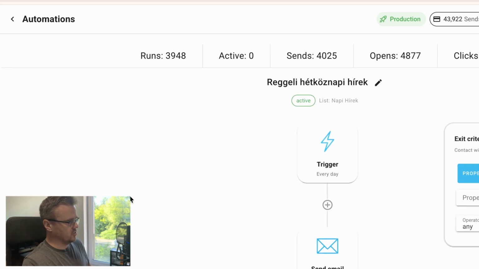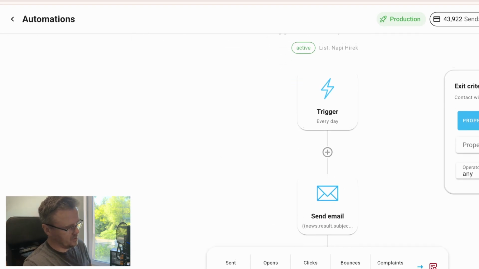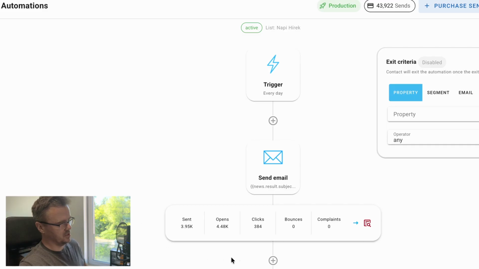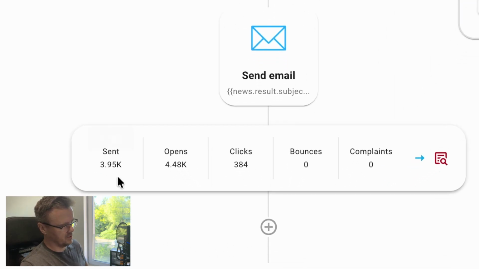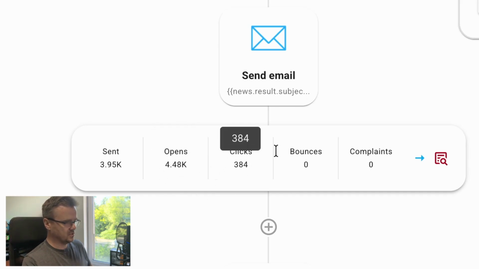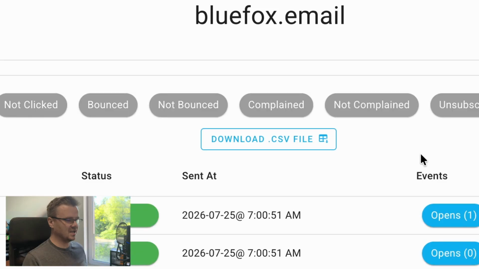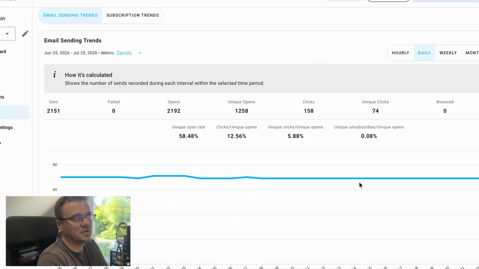Okay, so if I go into the automation, you can see that this is the main email here. We have like 4,000 sends, a little bit more opens, and some clicks. And I just need to mention here that in this case, the clicks don't matter as much, because the whole point of this newsletter is that you get a summary of the news that happened last day in a single email.